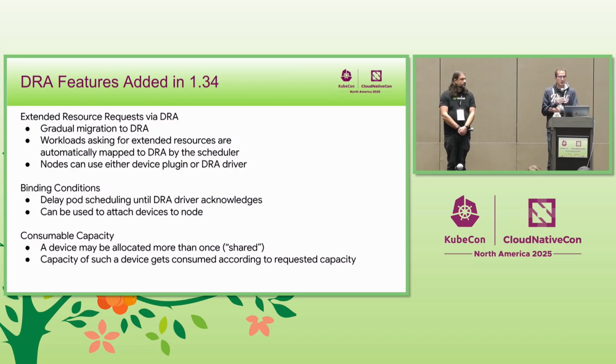And the scheduler, when it sees a traditional resource request, will automatically figure out whether on a certain node that resource is provided by a device plugin or by a DRA driver running on that node. That's the first advantage. So workloads don't need to be modified to continue working in a world that moves on to DRA. And we'll support that in perpetuity.